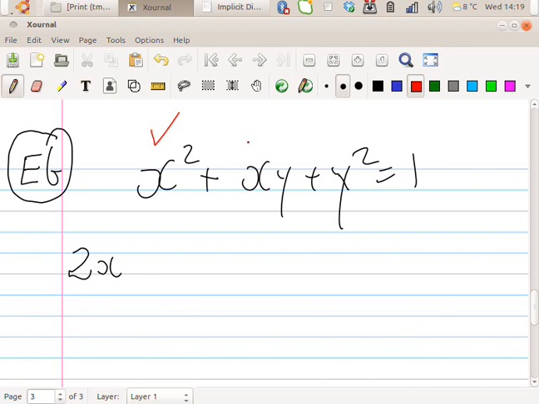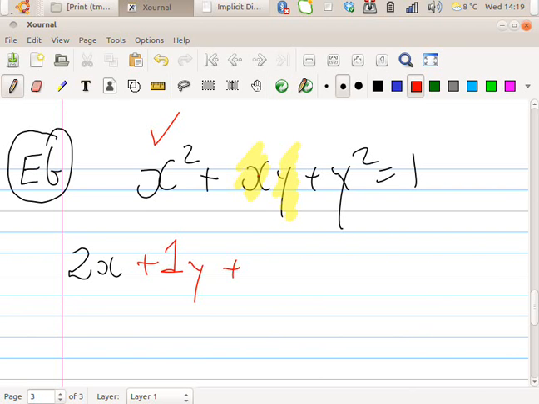Let's be very careful here. If you think about it, this is a product, x times y. They're being multiplied, aren't they? So you need the product rule. First the derivative of x, which is 1, and you keep y the same.